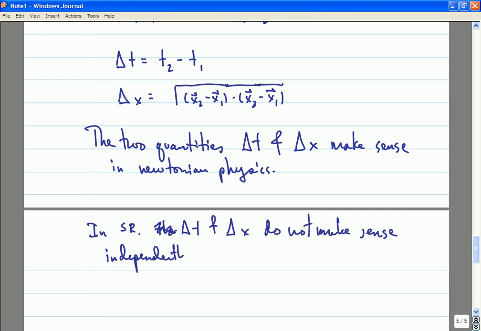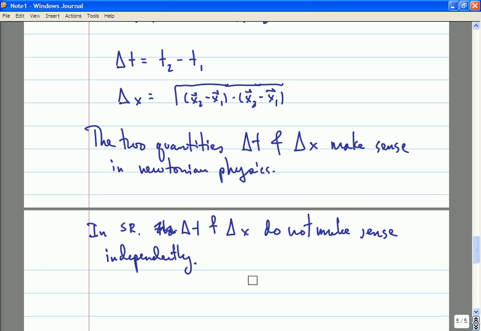Instead, these notions, so in particular, for example, delta t will correspond to the notion of the time separation between two events, and delta x will correspond to the notion of the spatial separation between two events.